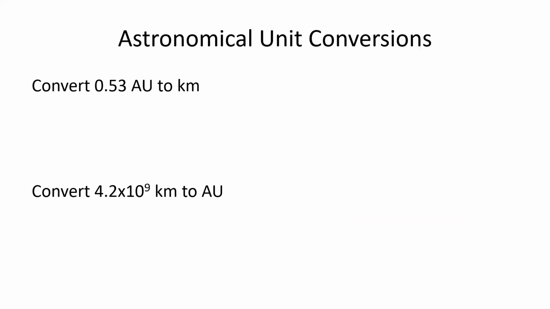Okay, so let's try a few conversions using what we know already. We have 0.53, roughly half an AU, like halfway between here and the Sun, and we want to convert that into kilometers. We multiply 0.53 AU by our conversion, 1.5 times 10 to the 8 kilometers for every 1 AU.